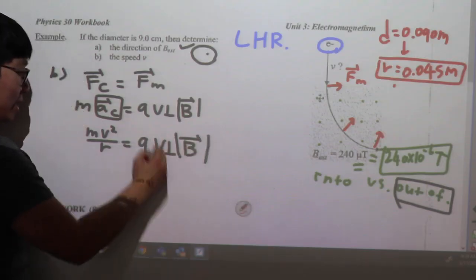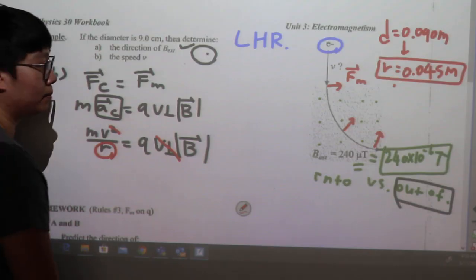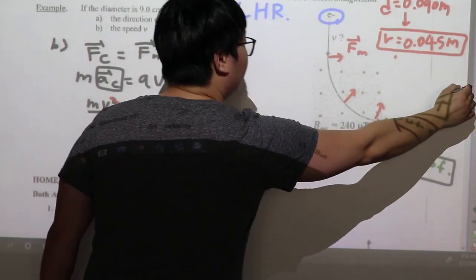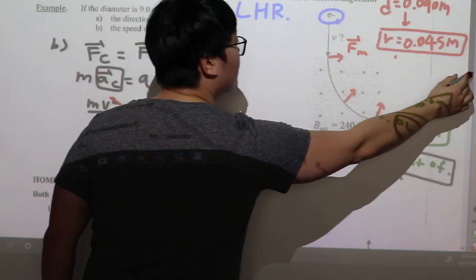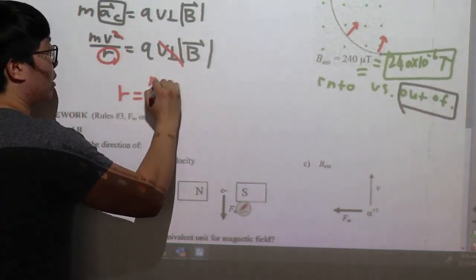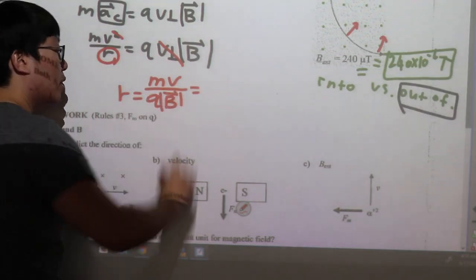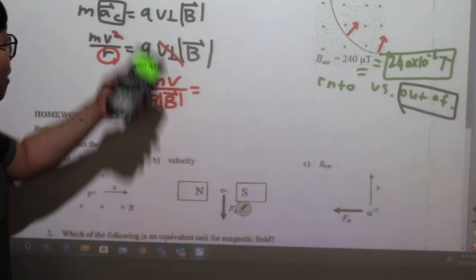And now we can cancel one of the velocities and isolate for r. Then you will have r is equal to mv over qB.